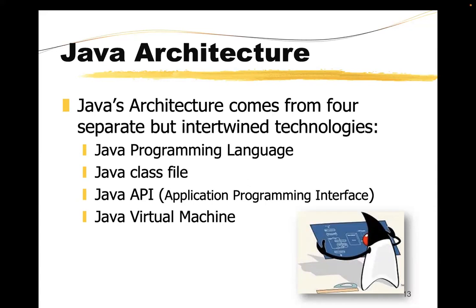Because in our class also, we are using another class, which is available in the java.lang package, the System class. Since we are using the java.lang package, the System class, you can see the Java API loads the respective classes required. And Java virtual machine also we discussed.